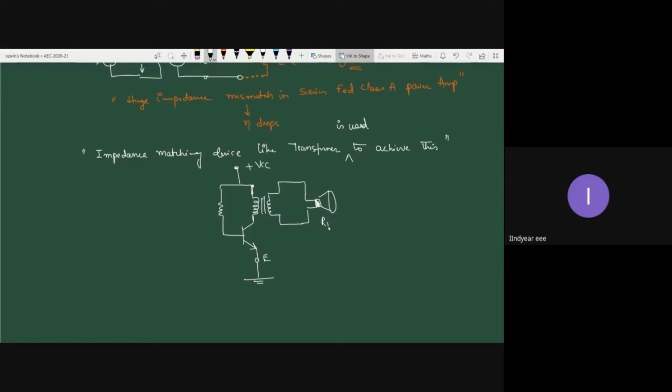Let's say the load value is R, and let us write down the respective turns N1 and N2, primary and secondary. This is your base resistance RB, this is your coupling capacitor C, and this is your input signal V. This is the secondary terminal voltage V2, and this is the primary terminal voltage V1.